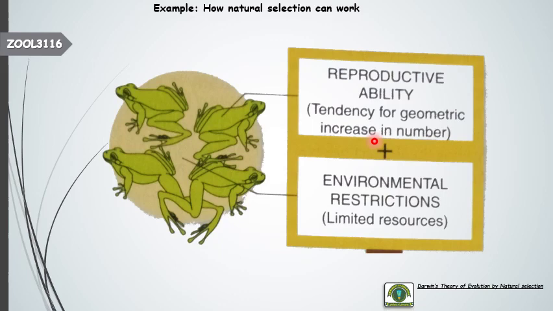But at the same time, when a population has the ability to increase geometrically, environmental restrictions are there. And what are the environmental restrictions? Environmental restrictions are the limited resources: limited resources in terms of food, in terms of shelter, in terms of habitat, in terms of mates, right?